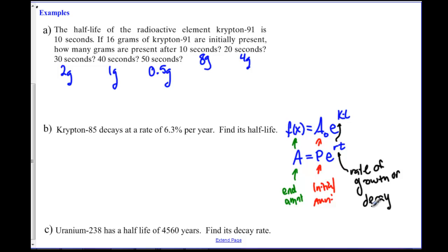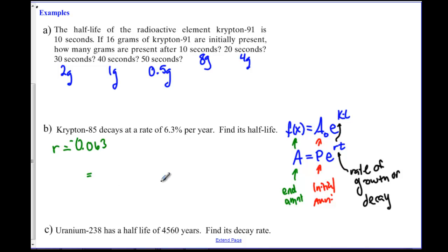So if we want to find its half-life and it's decaying at 6.3%, that rate is what? 0.063 when we translate it for the equation. But it's decay, so what are we forgetting? Negative. So a negative 0.063. And then half-life. Okay, well, let's plug in what we know, because we're trying to figure out when we get to half of it.